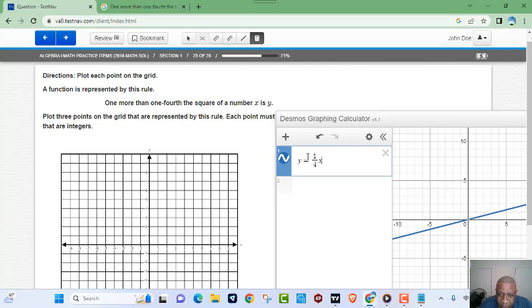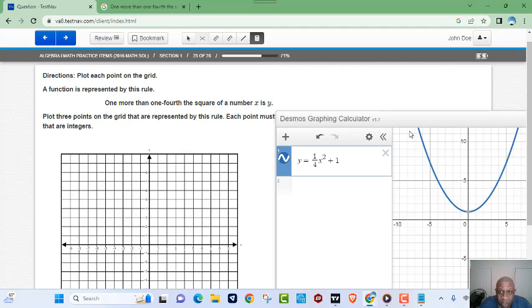So x and then some number squared. And then plus 1. All right, so 1 more, which is the plus 1. 1 more than 1/4 the square of a number is y. Yep, so that's it right there. So y equals 1/4 x squared plus 1.